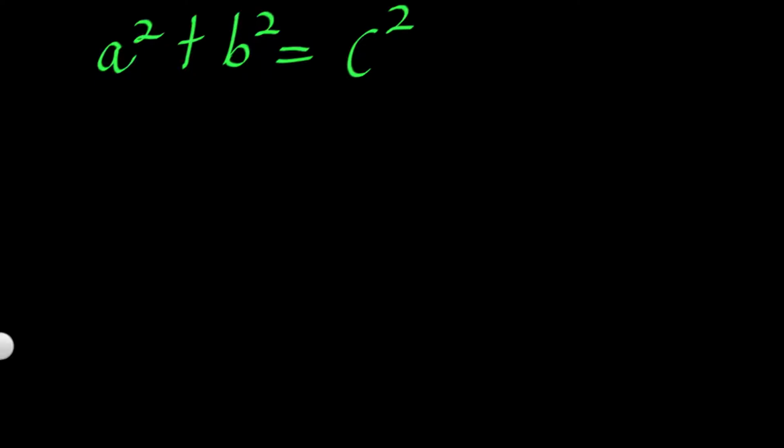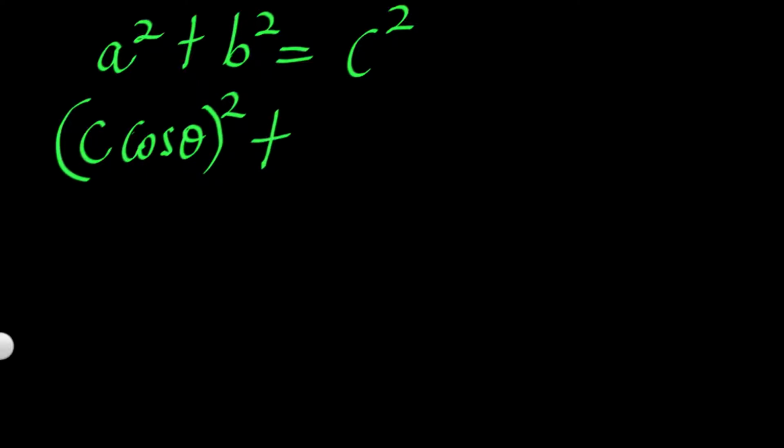Here I am replacing A with C cos theta. I'm squaring this, plus the B is being replaced by C sine theta, squared.